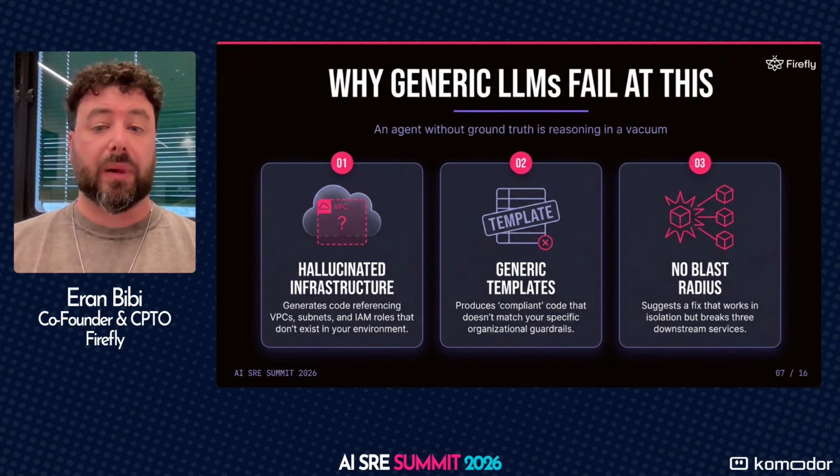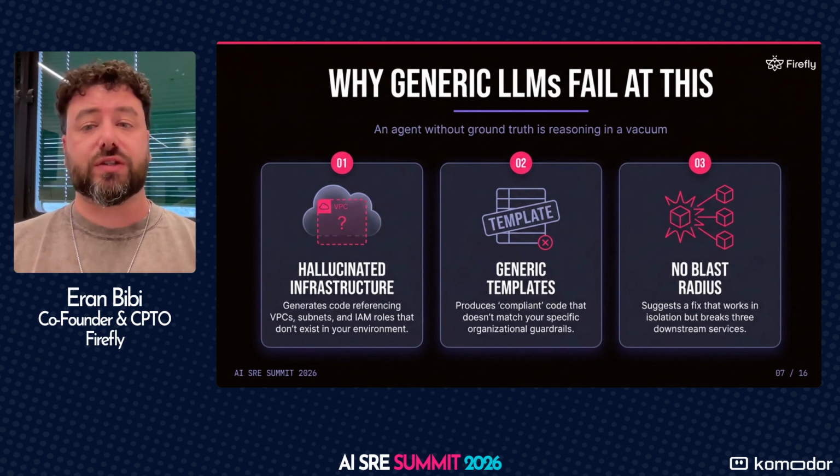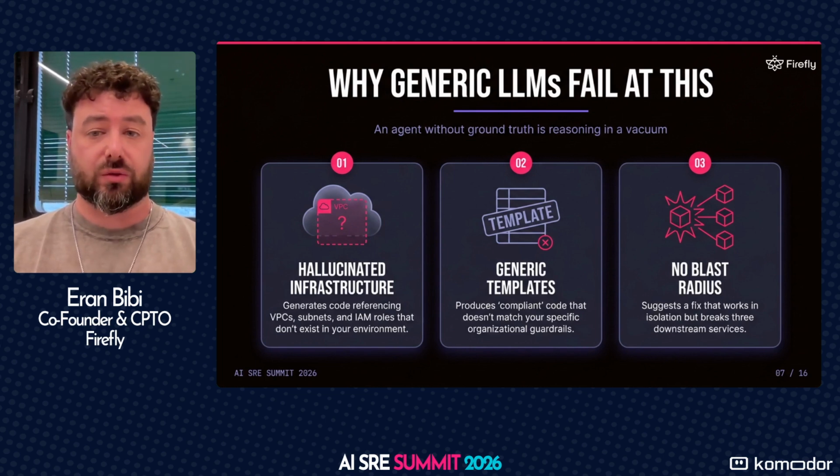Code that looks compliant but violates your specific guardrails. 3, no blast radius awareness. The agent suggests a fix that works in isolation and breaks 3 downstream services. The agent isn't dumb. It doesn't have a ground truth. It's reasoning in a vacuum.